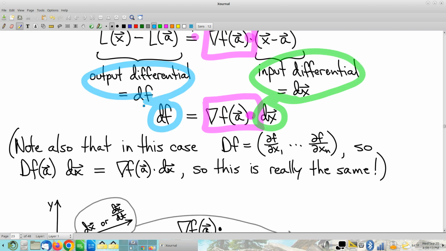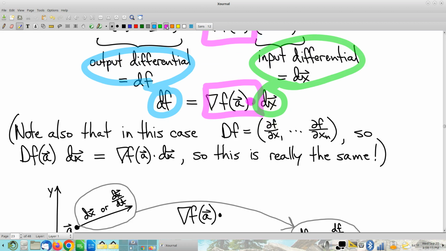And that's a perfectly reasonable point of view. Just keep in mind that that's really what the derivative matrix is in this real valued case. If f only has one component, if it's literally a real valued function, the derivative matrix only has one row. It's a row made up of all the partials of that function. The gradient is a vector made up of all of the partials of the function. They're all the same elements, just arranged a little differently. The difference between the df row matrix and the gradient vector that you dot with is just notation.